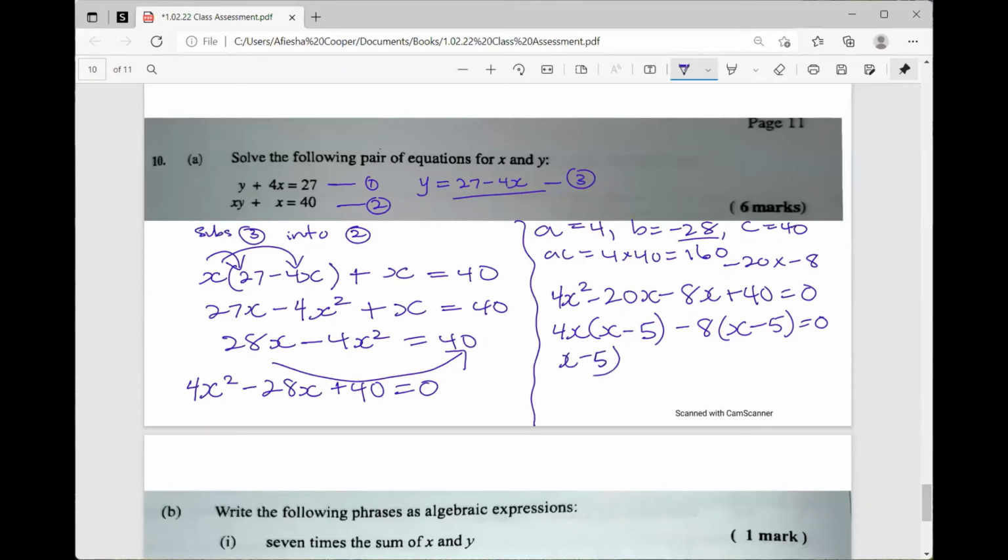So x minus 5 by 4x minus 8 is equal to 0. We're not done. We have to solve for x. Somebody tell me what's my next step, please, to solve for x. Make each individual bracket equal 0. Very good. X minus 5 equals 0 and 4x minus 8 equals 0.